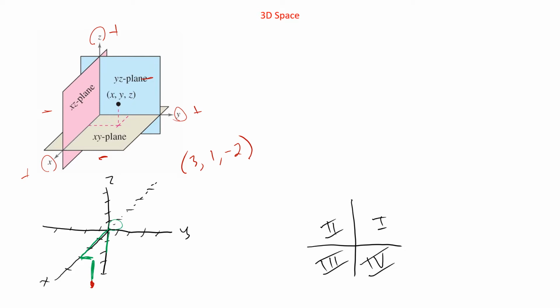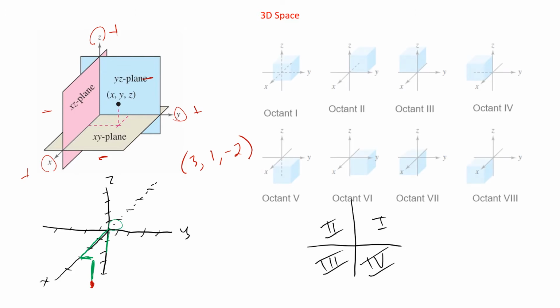It breaks it up into 8 pieces, which are called octants. So the 8 octants would be these ones. Now, they actually go in basically the same order as the quadrants. Octants 1, 2, 3, 4 are the same thing as quadrants 1, 2, 3, 4, where z is positive.